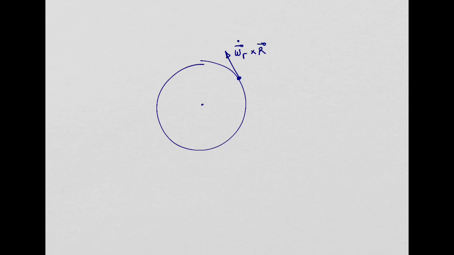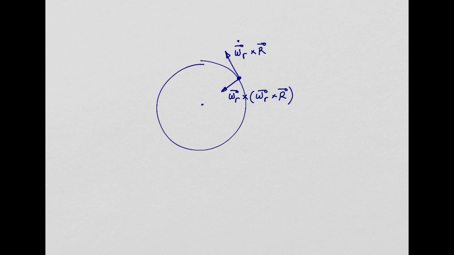And the normal is going to be this one, ω cross product with ω cross product with r. This is in the radial direction, pointing to the center of the circle, okay?